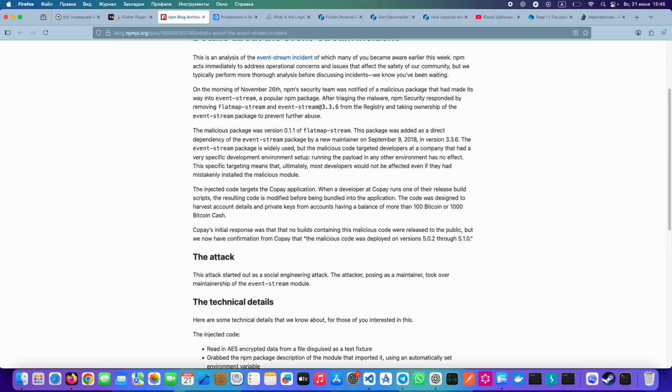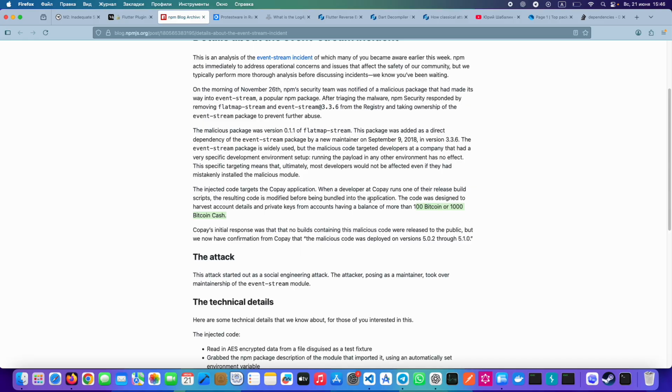It tried to search for private keys from this kind of Bitcoin Cash application, and after finding that specific application, it found these bitcoins and started to send this information to the attacker.